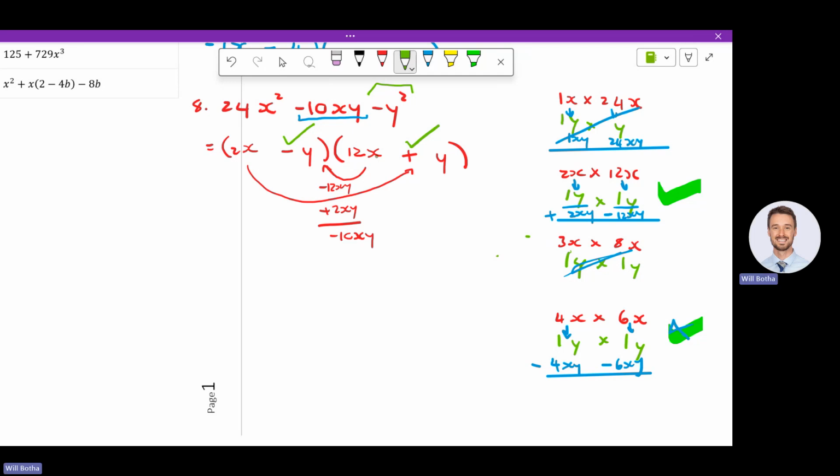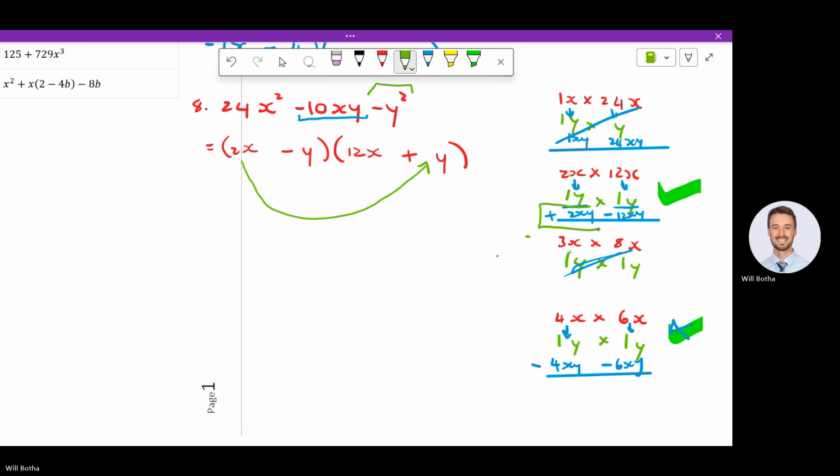Okay, because let me erase this and we'll do that test again. Remember, when I do FOIL, now I'm not going to do FOIL now. FOIL is the exact opposite of factorizing. But if I did FOIL, I would multiply 2x with this term. And that needs to be what? Positive 2xy.